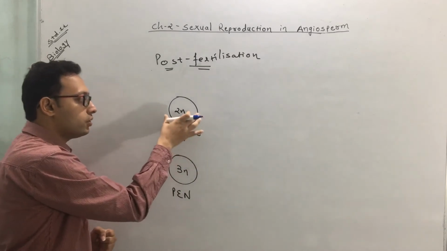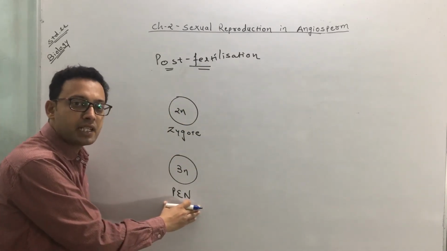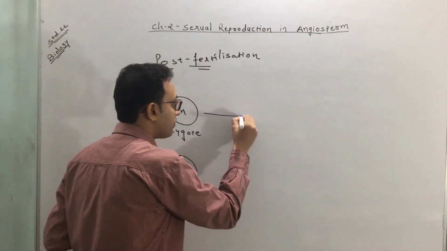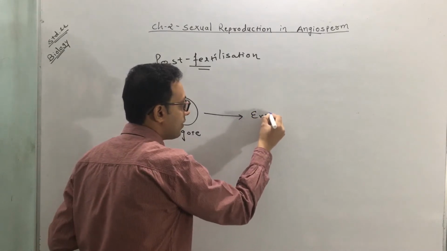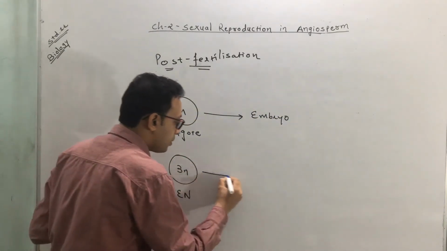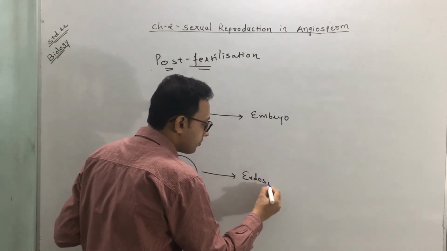The first product is the zygote, which is diploid. The second product is the PEN, primary endosperm nucleus, which is triploid. This zygote develops into an embryo, and the primary endosperm nucleus converts into an endosperm.